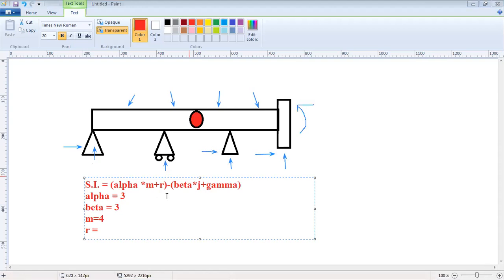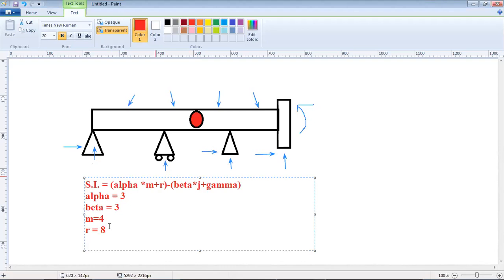So in total you have 8 reactions, and J is the number of joints. They are 1, 2, 3, 4, 5. 5 joints you have. Gamma, the value of gamma is 1. There are two elements connecting at the internal hinge, so 2 minus 1: you have one release.